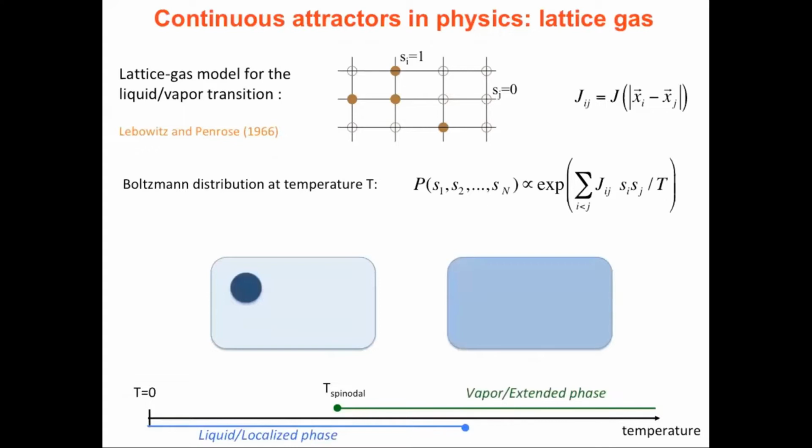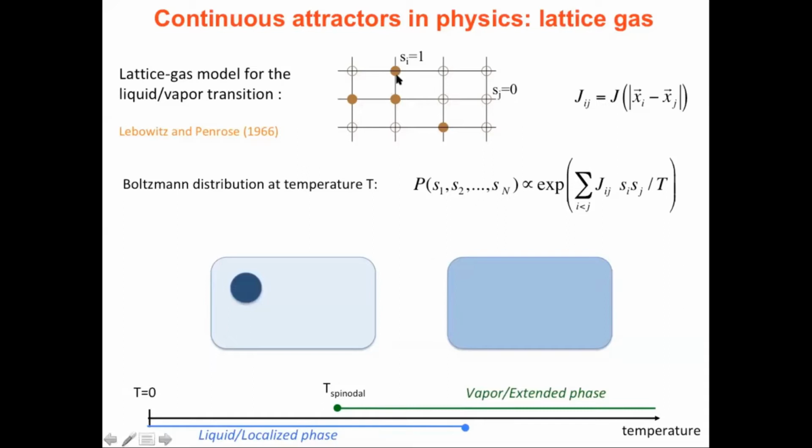It's very similar to a model which was proposed a long time ago, in the context of the liquid-vapor transition, by Lebowitz and Penrose in the middle of the 60s. What Lebowitz and Penrose proposed was a lattice gas model for the liquid-vapor transition. So imagine, for instance, you have a two-dimensional, or three-dimensional, it doesn't matter, it's just a question of simplicity for the drawing here on the slide.